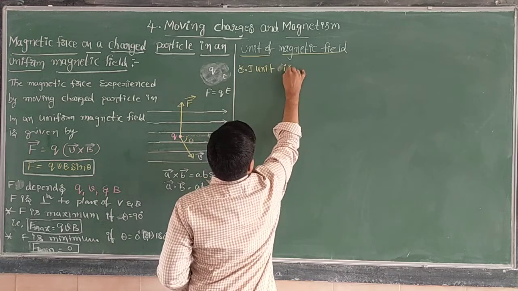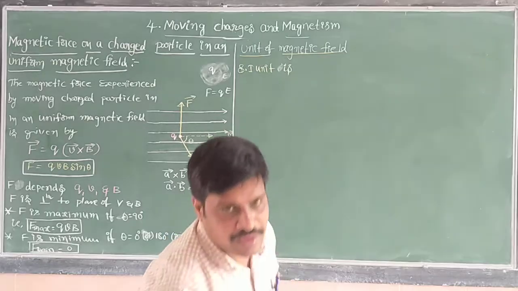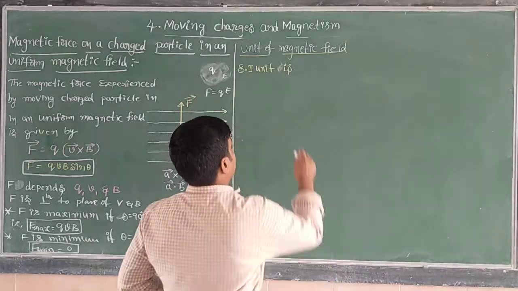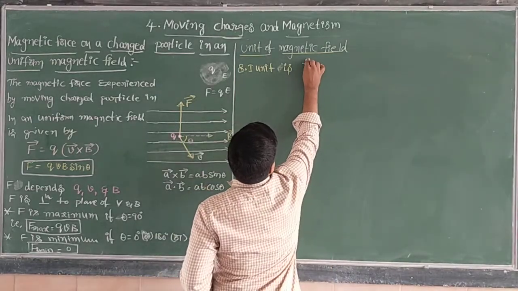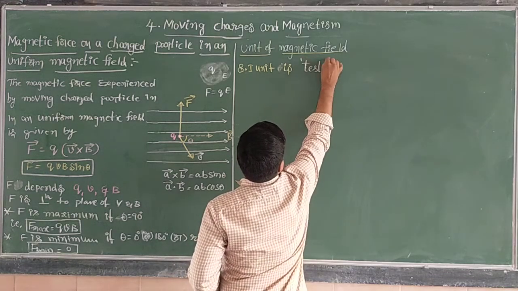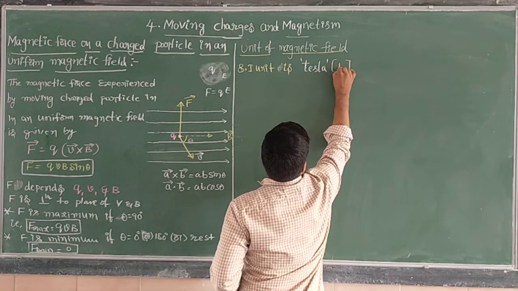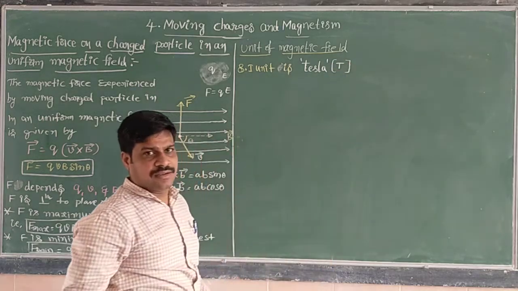The SI unit of magnetic field is Tesla. Tesla is the SI unit of the magnetic field. While representing it, use a capital letter.